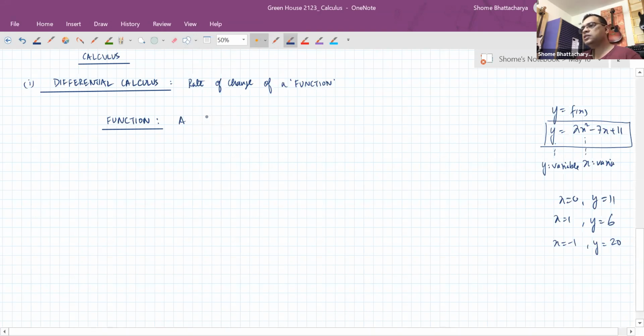So a function is a relationship between, now in more technical language, an independent variable, let's say x, and a dependent variable. Now I'll explain why this one is called dependent and that one is called independent.